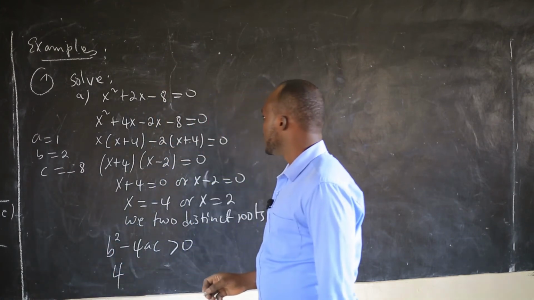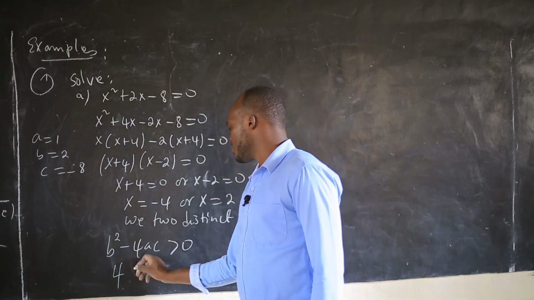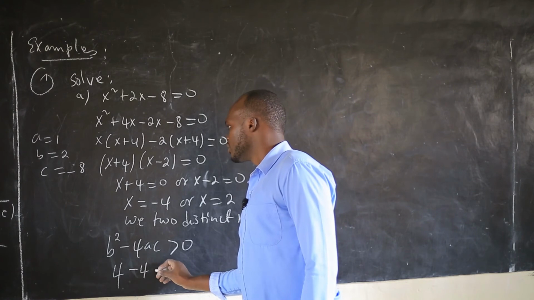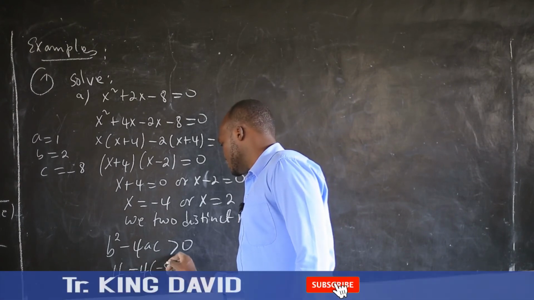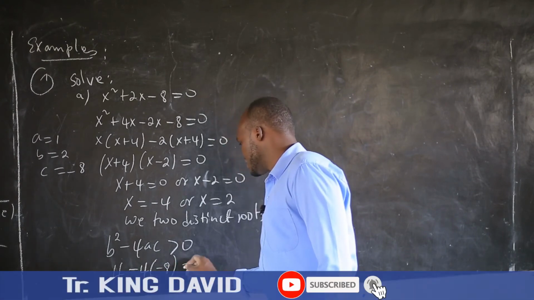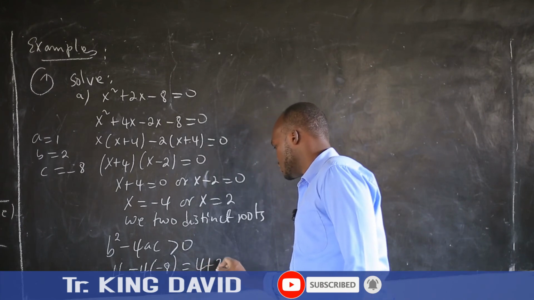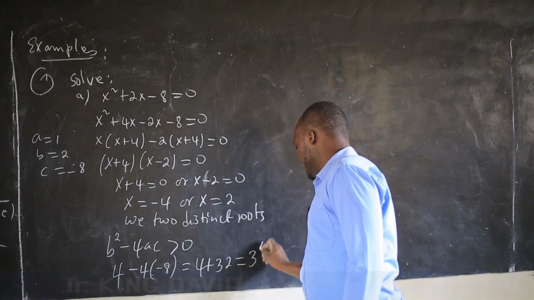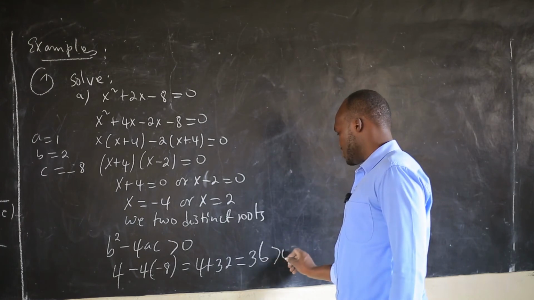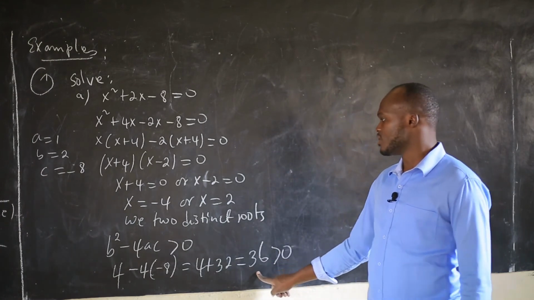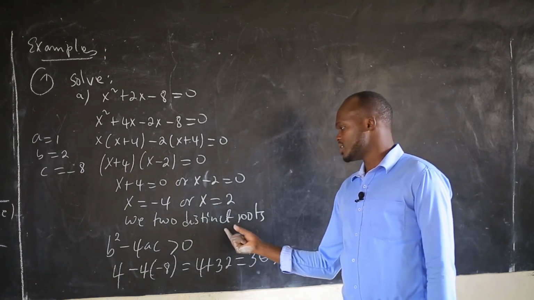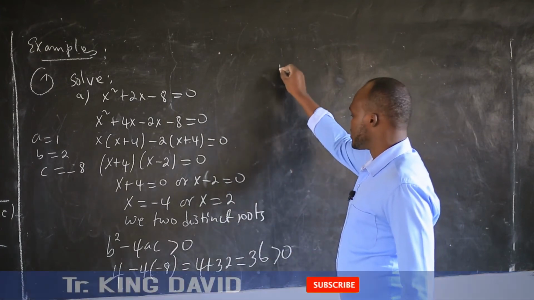So let us see. It will be 2 squared, that's 4, minus 4 times a, which is 1, times c, which is negative 8. As you can see, this is 4 plus 32, which is 36. And you see 36 is greater than 0. So since delta is greater than 0, that's why we have two distinct roots. So that was A.